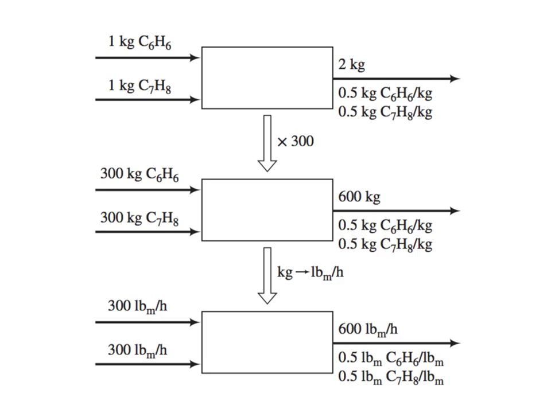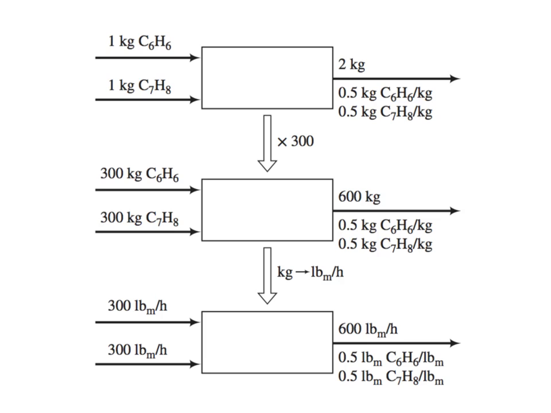They mix and come out, and we form this final mixed stream, which has a total mass of 2 kilograms, a mass fraction of 0.5 kilograms of C6H6 per kilogram, and also a mass fraction of C7H8 of 0.5. So this is just the process right here.